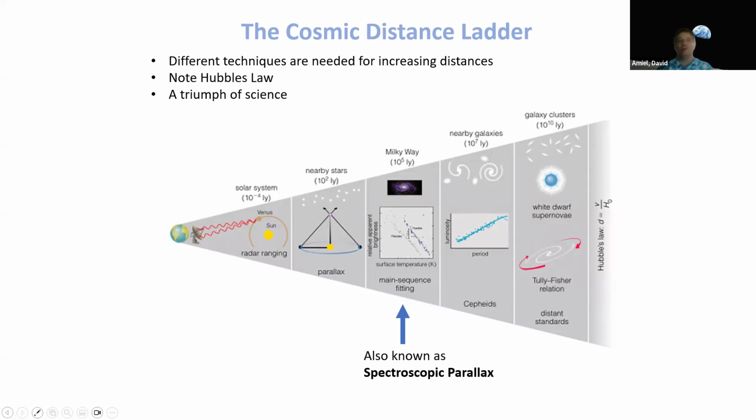So the larger picture of this lab is something called the cosmic distance ladder, a triumph of science to be able to devise methods for finding distances, you're seeing here at the last edge, 10 to the 10 light years away.